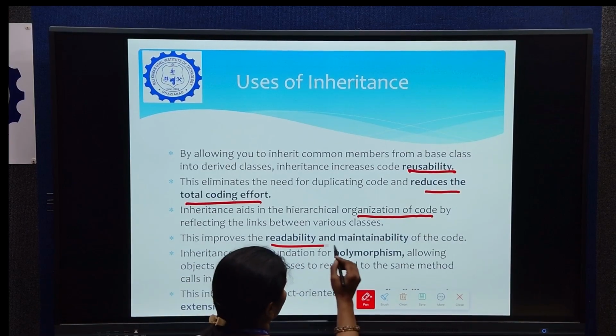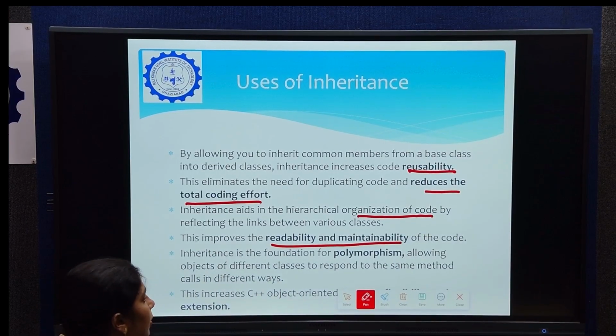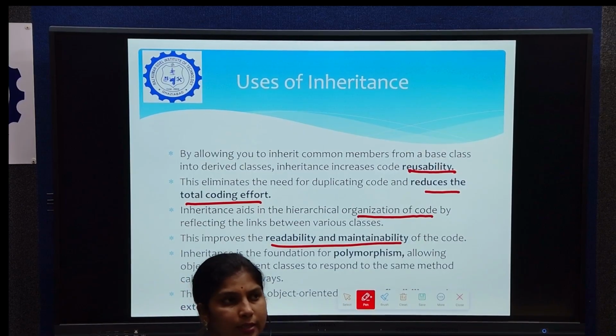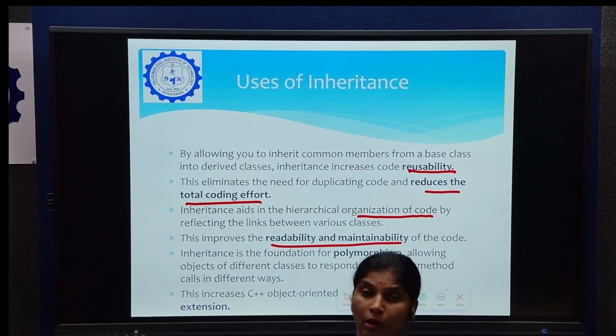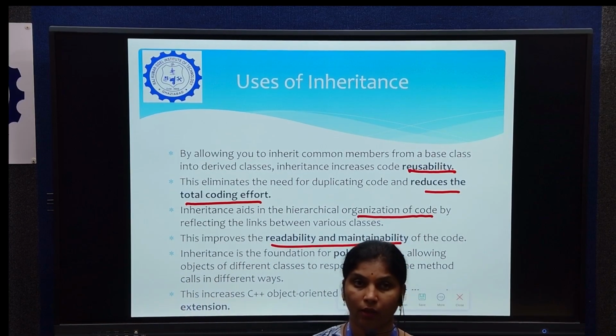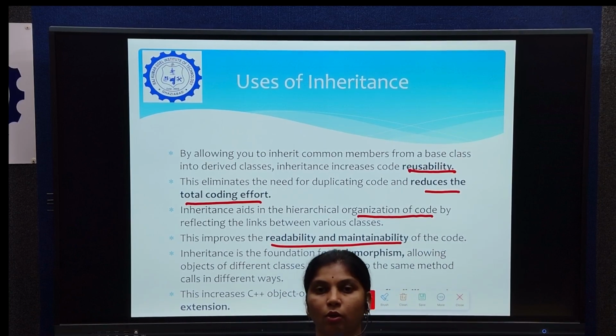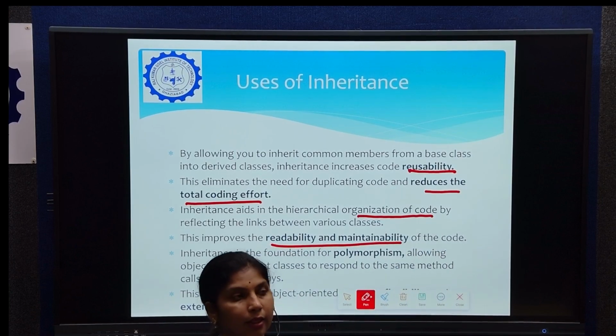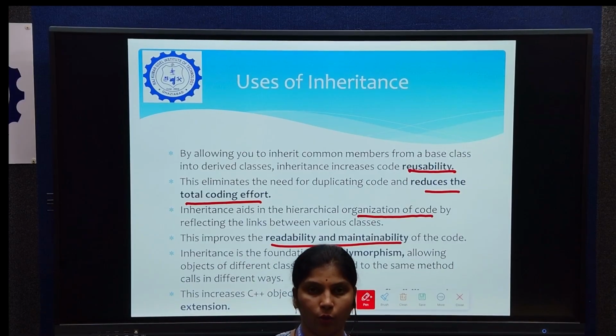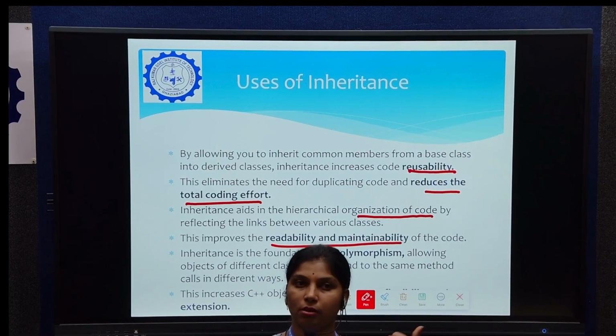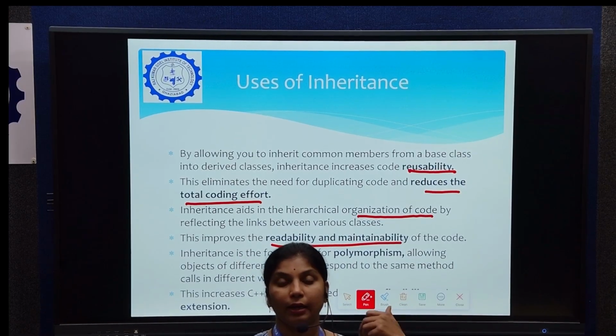It also improves the readability and the maintainability of the code. Obviously, if we want to update our program or code, and we are using the concept of inheritance, then we only need to make updates at a single place.